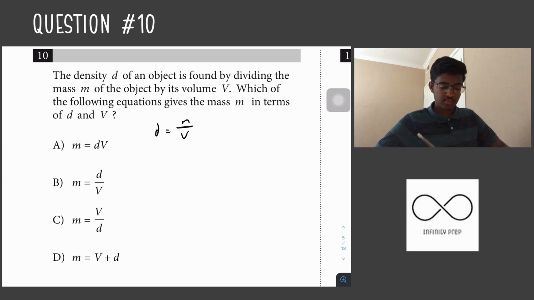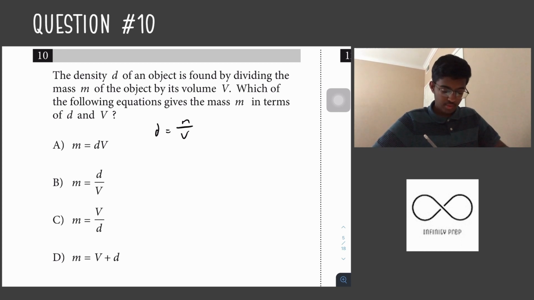This is our initial equation, and it's asking which of the following equations gives the mass m in terms of d and v. So what we have to do is solve for m, which means isolating m on one side and moving all the other variables to the other. To do this, what we have to do is multiply both sides by v.